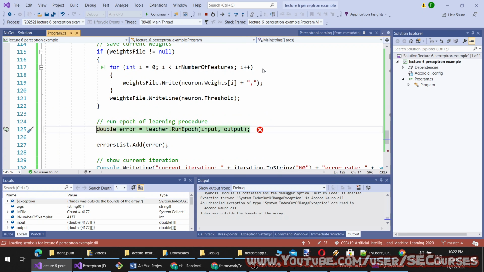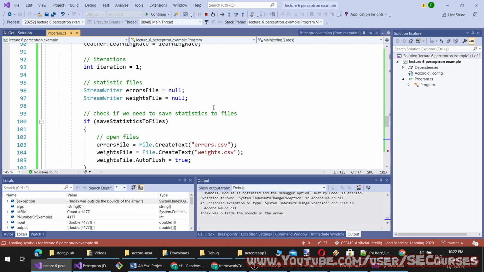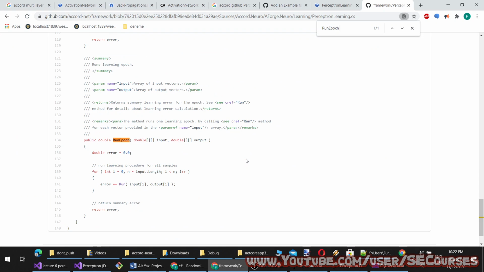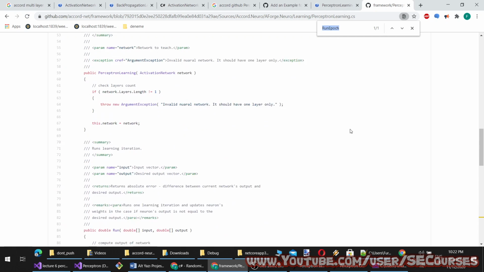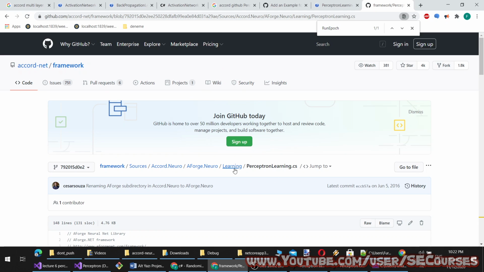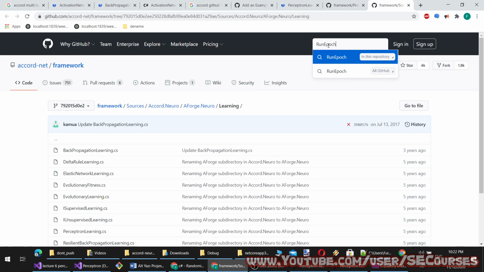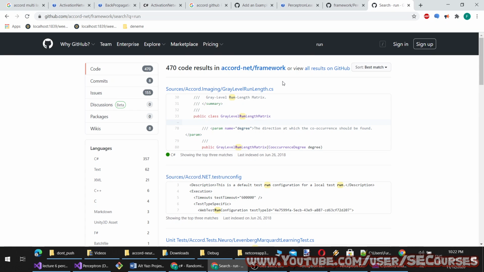Oh, we are still getting error. This time we are getting an index error. It uses run method, and run method is coming from, let's see the run class where it is running.